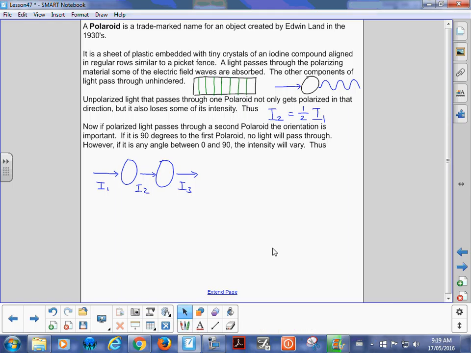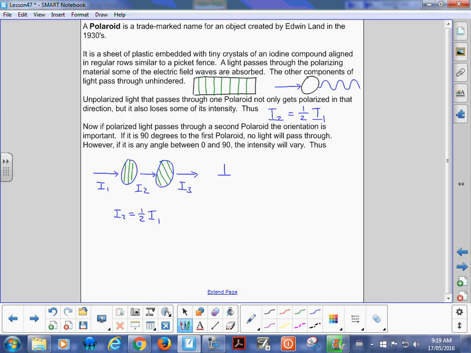If I put the iodine crystals on the first one in this direction, this one I'm going to slightly rotate. If they're not lined up, more of that intensity is absorbed. We know the relationship here is that I2 equals 1/2 I1.